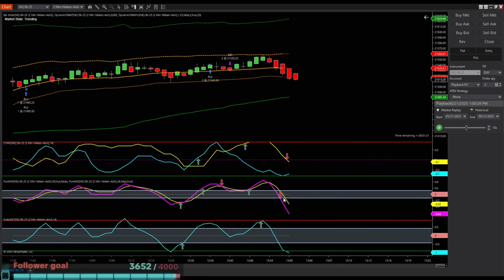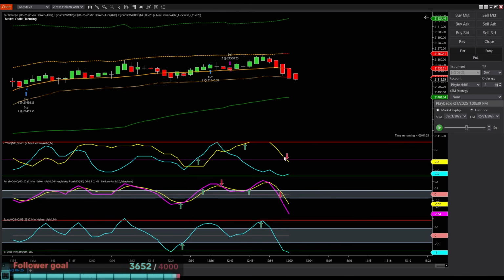Normally, when these lines are separated like that, this is moving with conviction to whatever direction it's pointing, okay? In this case, it's pointing down, so it's moving with good conviction to the downside right here. Sometimes the lines get really tight and they're coming down really tightly together. There's not a lot of conviction in those type of trades, but right now, let's do our ABC.